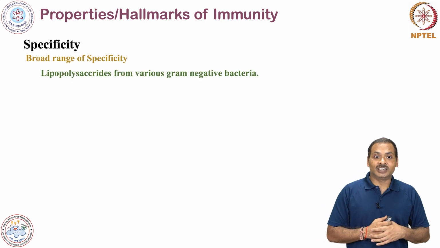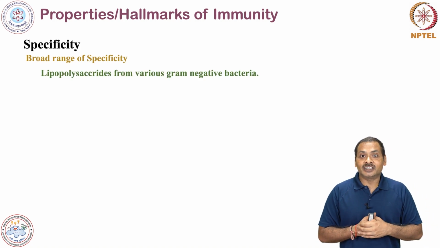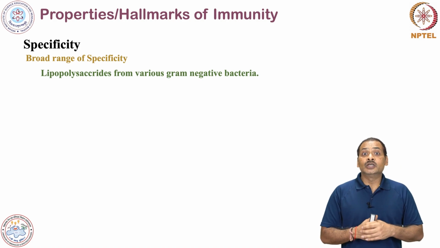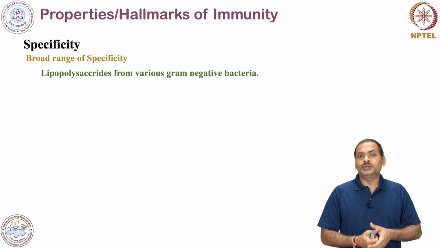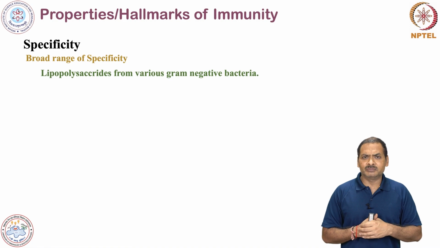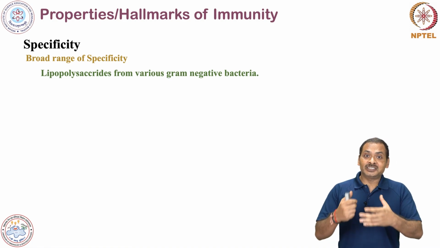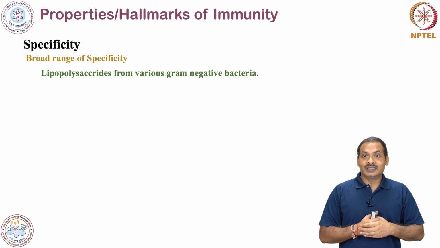For example, lipopolysaccharide, which we commonly call LPS, is present in gram negative bacteria, and you know there is a huge number of gram negative bacteria, and all those LPS can be recognized by our immune system.